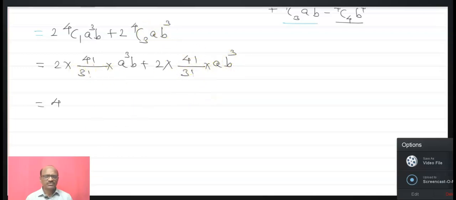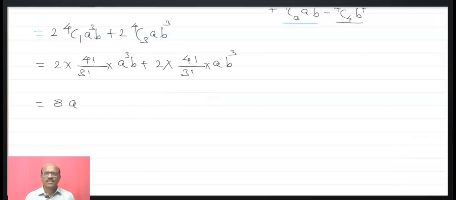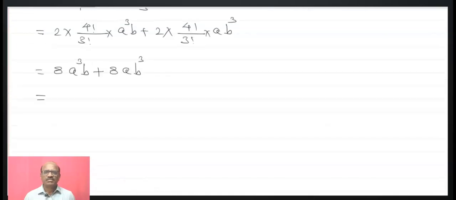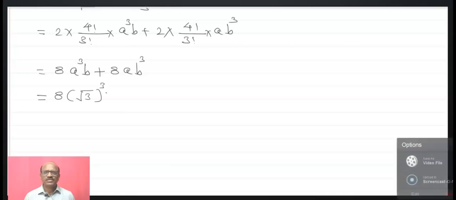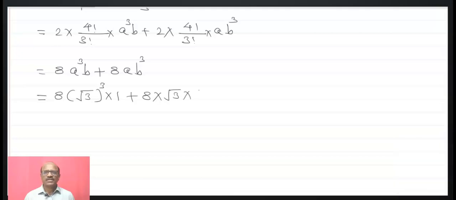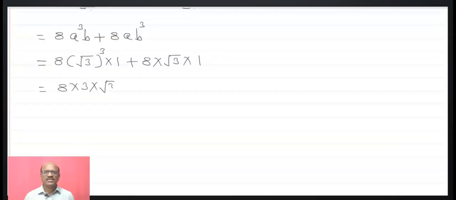So here the values are 8a cube b plus 8ab cube. Now see this here: 8a cube b. Here a means root 3 raised to 3, into 1, plus 8 root 3 and the b is 1.